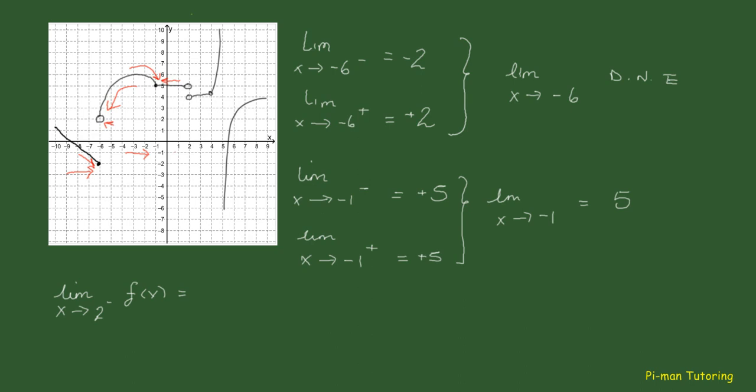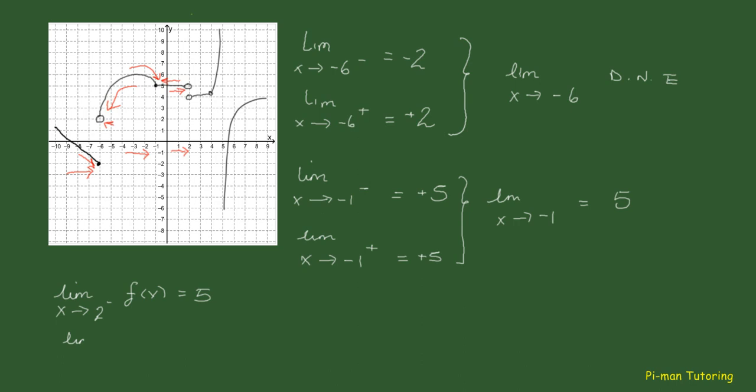So here's 2, and we're coming from the negative direction. And we see that we're getting closer and closer, again, to a value of 5 at that location.